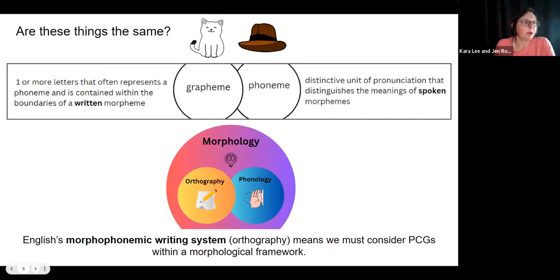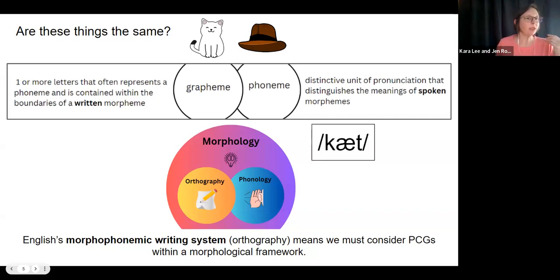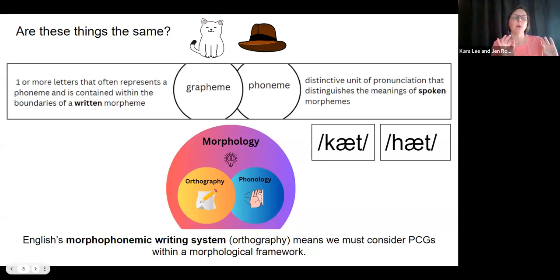So let's talk about their graphemes and their phonemes. So the phonemes, or the smallest units of sound for those words, are cat, right? One of those is a cat. The other one is a hat. Now, I want you to notice that I have chosen to use what's called the International Phonetic Alphabet to show those two words.